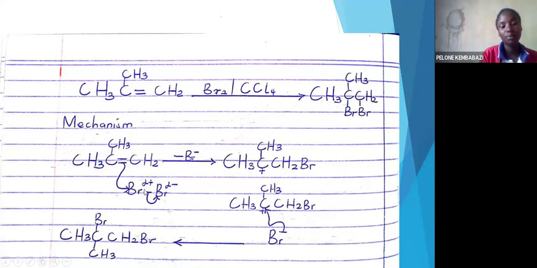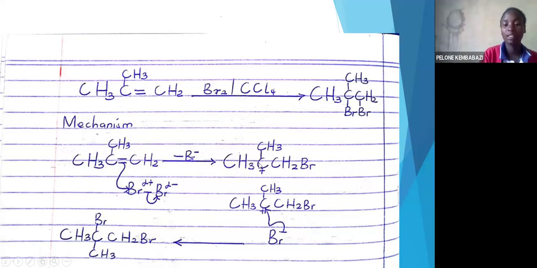But if you just stop from here and don't identify this bromide, someone may stop marking from there. So you have to show that this bromide is lost here, or if you don't write it on top of the arrow, you can write it after you have written the carbocation.